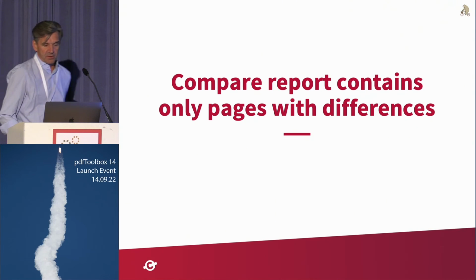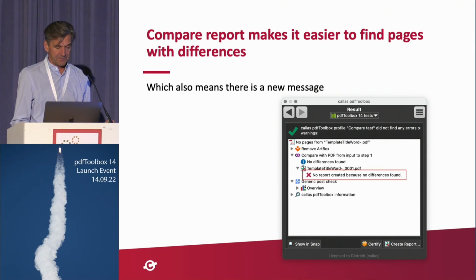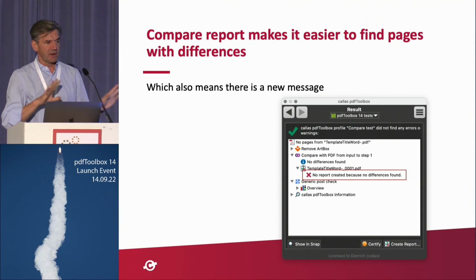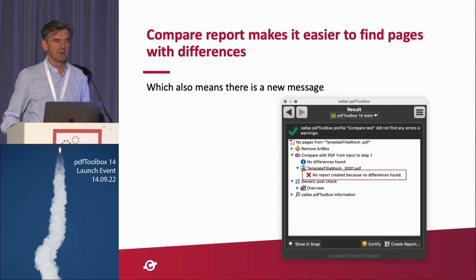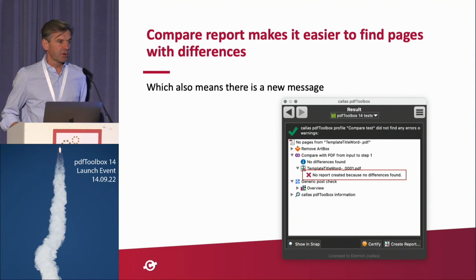Another one, I believe a short one, at least one with no options. In a compare report, so you can compare two PDF files, you can compare original and result, and that is based on internal rendering and pixel comparison. Up until pdfToolbox 14 you can create a report for that, and that report always contained all pages of the two PDF files.